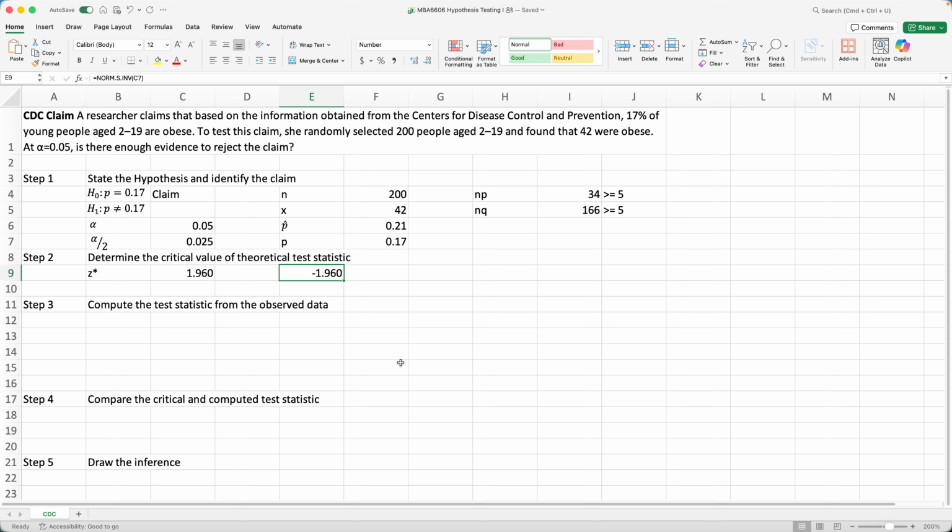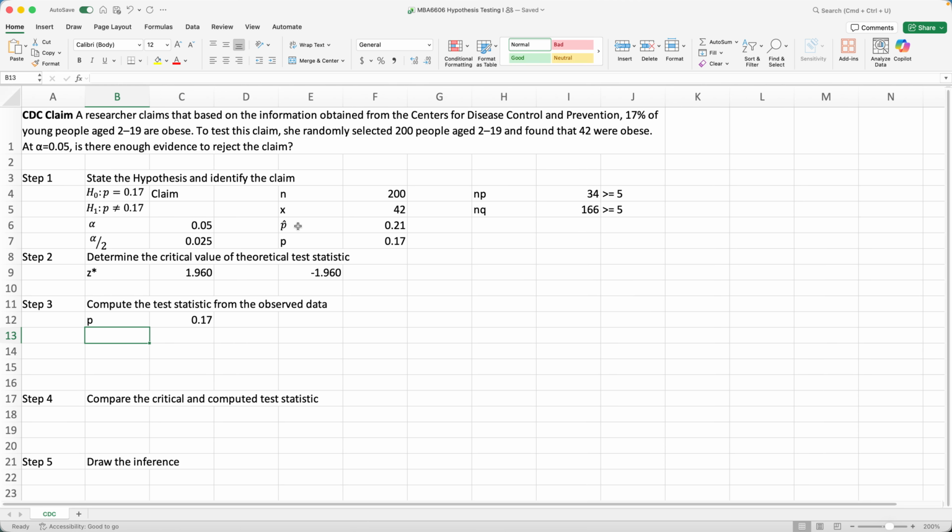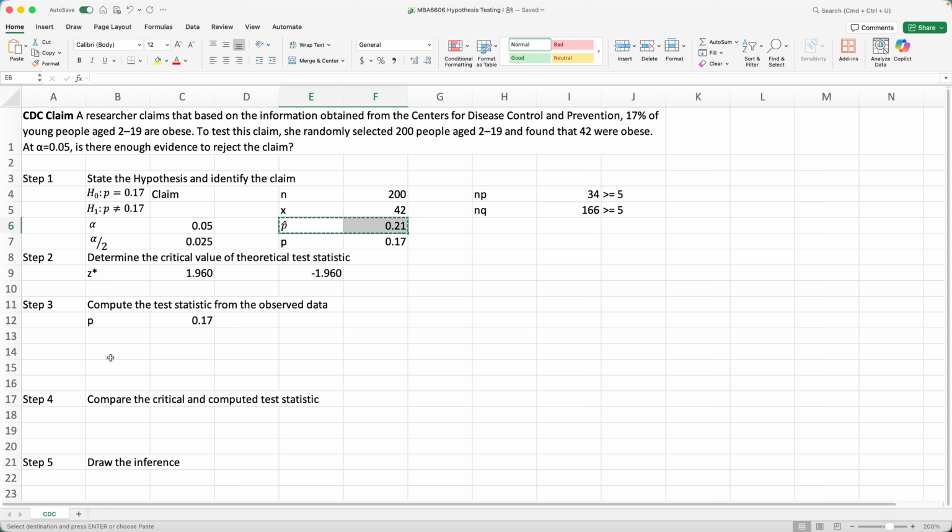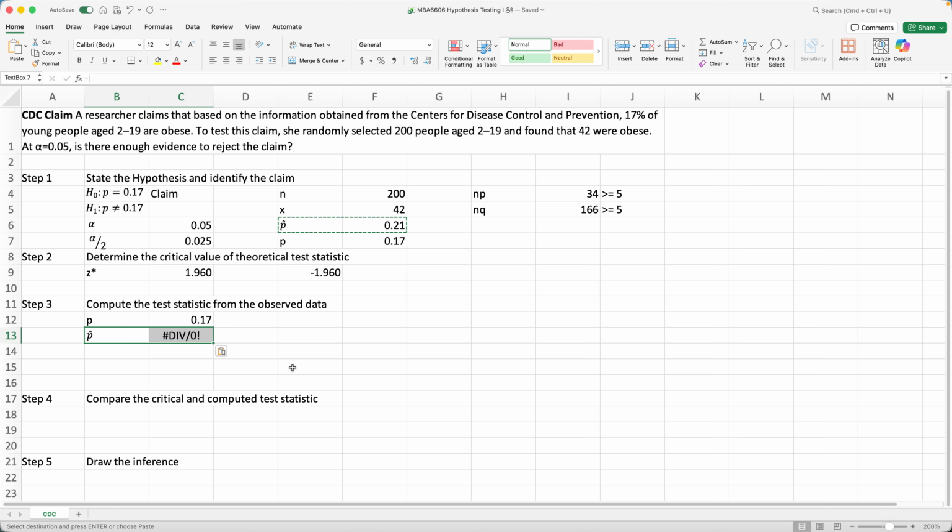Okay, so now let's compute the statistic. We know P is 0.17. We need to know P hat. Let me write down the formula for the Z value.